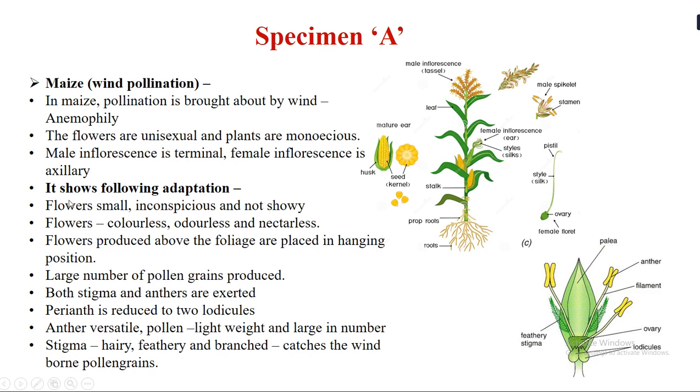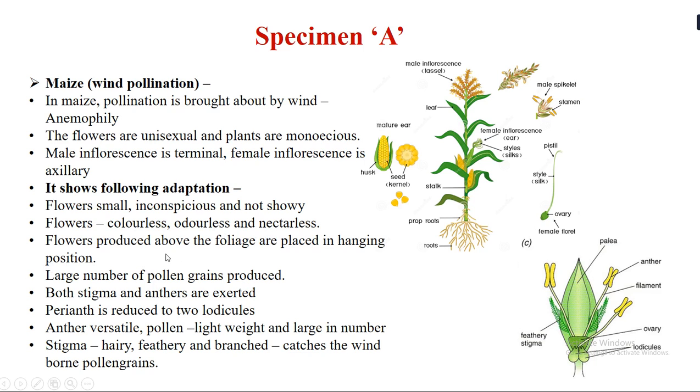So let us study the adaptations. The first one is the flowers are small, inconspicuous and not showing. So they are small flowers, not very attractive, not visible. The flowers are colorless, odorless and nectarless.